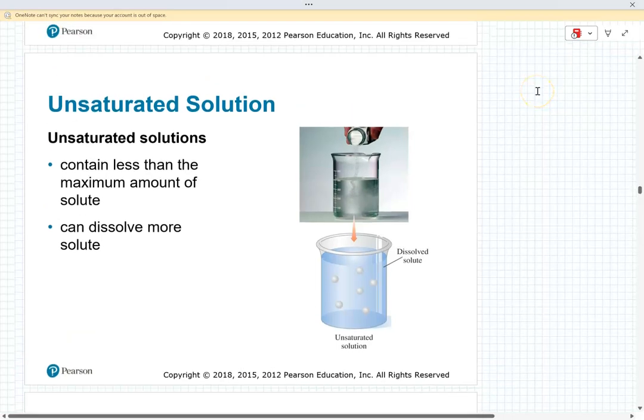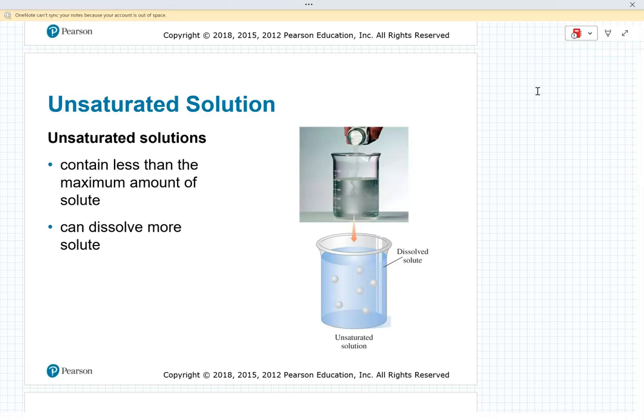So imagine that you are adding a solute. For simplicity, let's talk about sodium chloride to the solvent, water. When you start adding sodium chloride, all of it completely dissolves in water. You keep adding, it keeps dissolving. The solution which can dissolve more solute is called unsaturated.